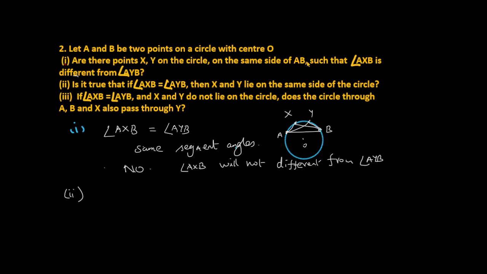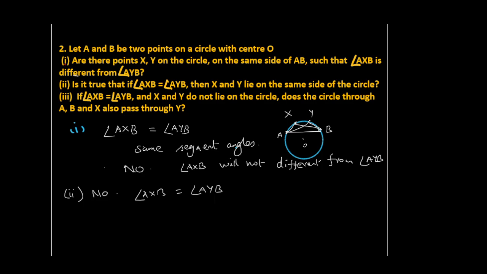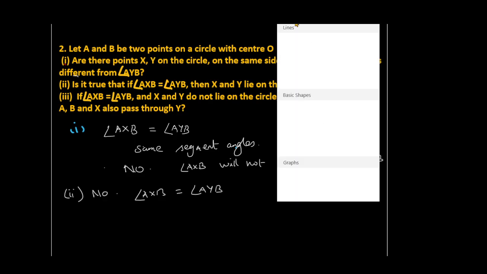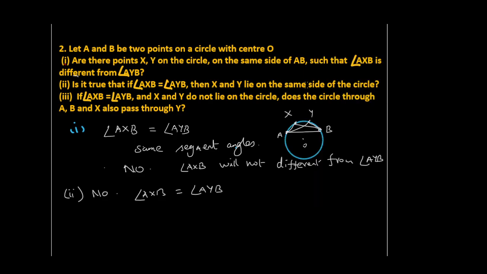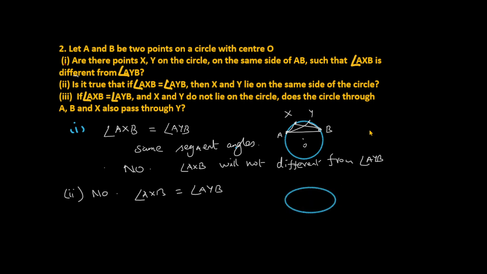Second question: is it true that AXB is equal to AYB only when X and Y lie on the same side? No, that is not true. Suppose AXB is equal to AYB, they need not always be same segment angles. They may be on opposite sides also. It is not necessarily the same side. Opposite side angles can also be the same.